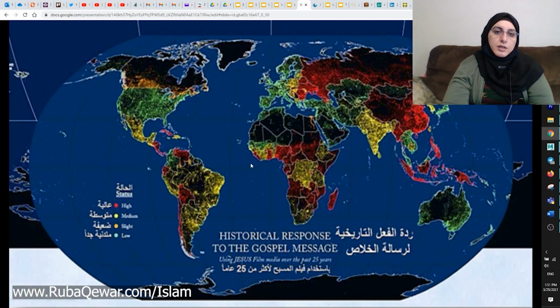And green means that people are not responding to Christian evangelism, and there's almost no evangelism there. Even if there is some evangelism, the response is very low. You see that actually in Western Europe, because they are agnostics and atheists.